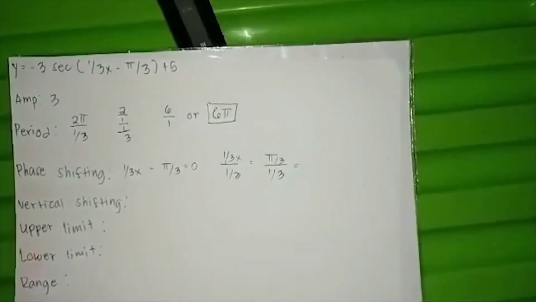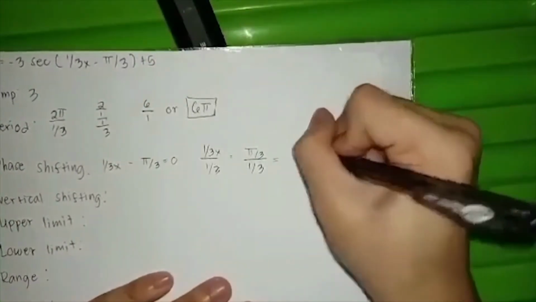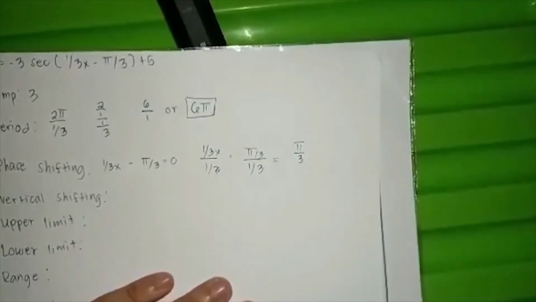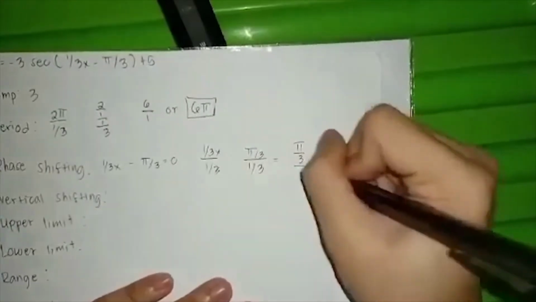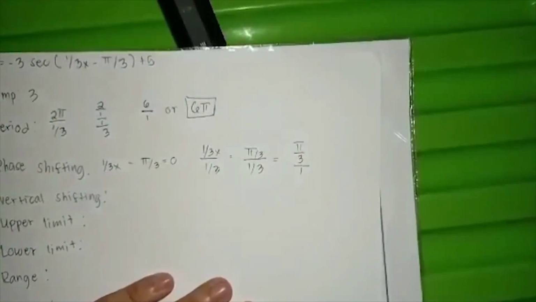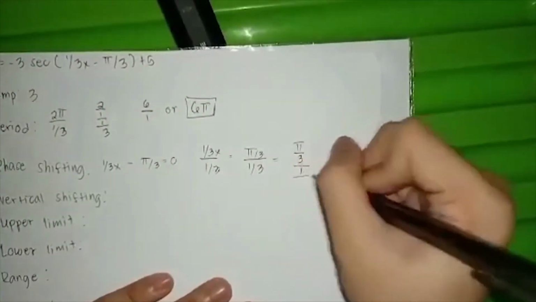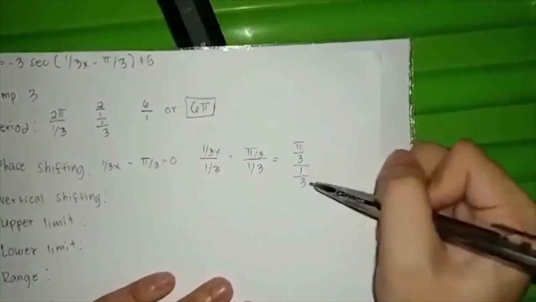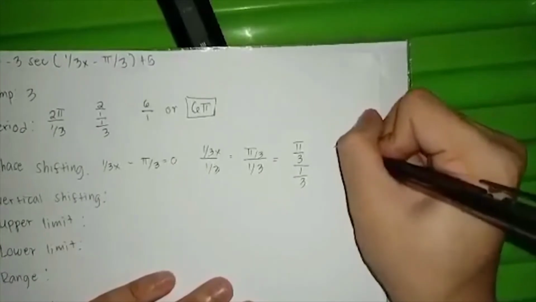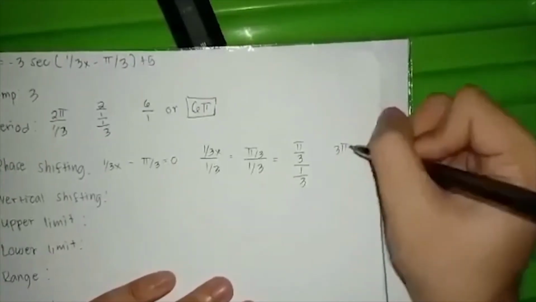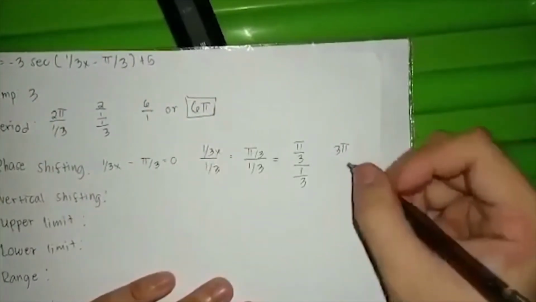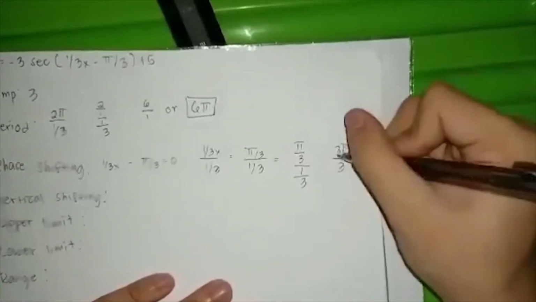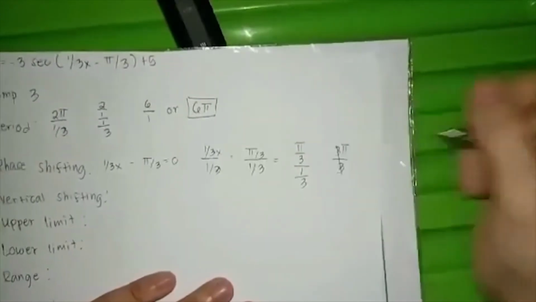Or another way, which is pi over 3, 3 over 1, then 1 over 3. Pi times 3 is equals to 3 pi. Then 3 times 1 is 3. Cancel, and what remains is pi.